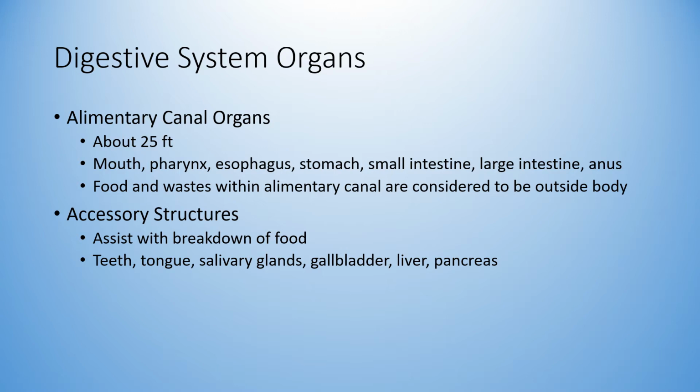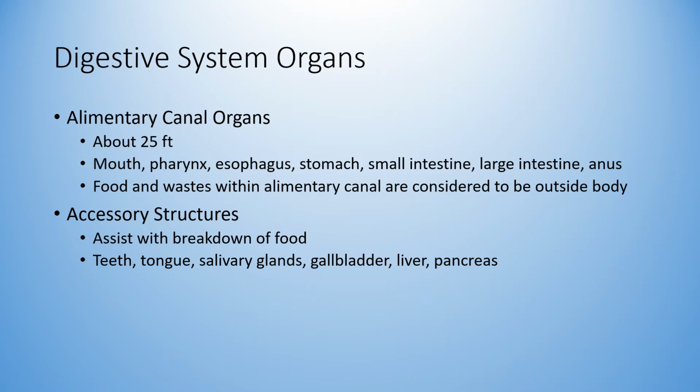Now, one thing to keep in mind is because you have the opening in the mouth and the opening at the anus, anything that's inside the alimentary canal is considered technically to be outside the body, which I know sounds strange because you're like, no, I ate it, it's inside, until it is absorbed across the membranes of these various organs.